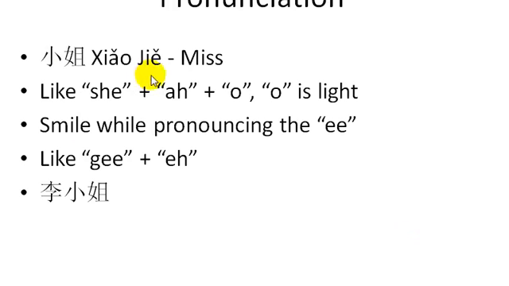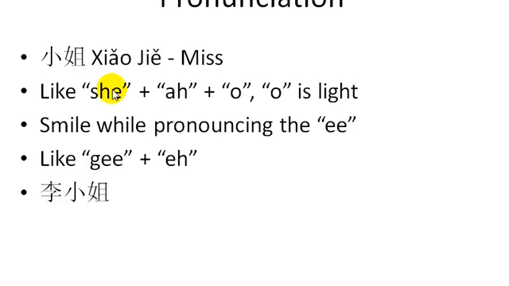Next we have 小姐, which means miss. So let's look at 小 first. 小 means little, and the xi sounds like the xi, smiling, and then the ao sounds just like the ao in hao from ni hao. So you xi ao, and put it together.